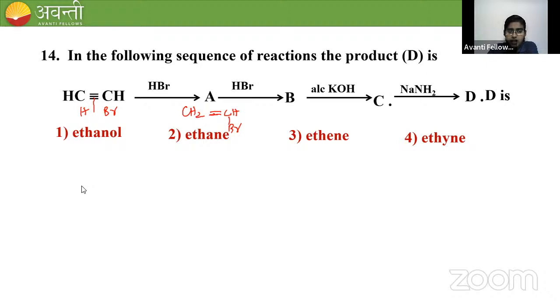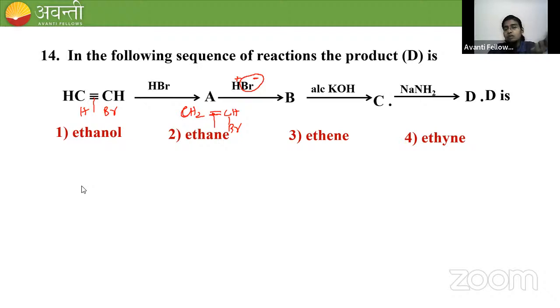We have an alkene, so break the second pi bond, and now we have to follow Markovnikov addition. The negative part of the addition molecule, Br minus, goes to the alkene carbon which has fewer hydrogens. The first carbon contains 2 hydrogens, and the second carbon contains only 1 hydrogen.